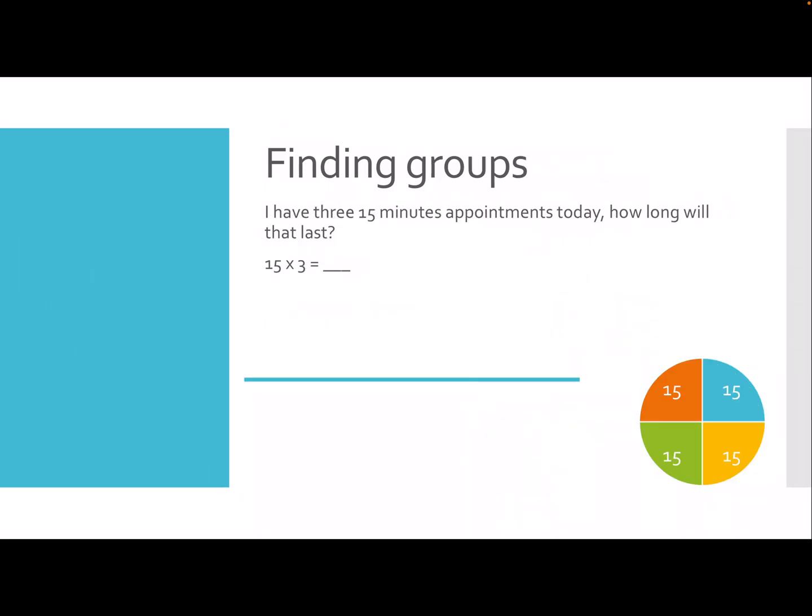And the other thing we do is finding groups. It's a very similar thing. This says, if I had 3 15-minute appointments today, how long will they last? Well, I start it and I have done no minutes. After 15 minutes, I've spent 15 minutes. 2 15s is 30. 3 15s is 45. 3 times 15 is 45.